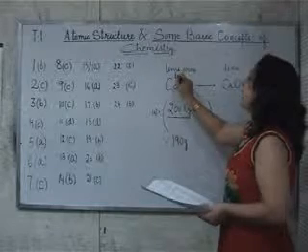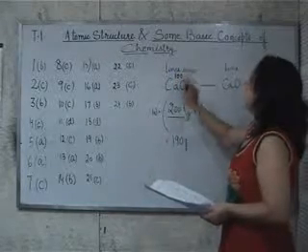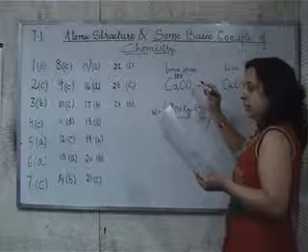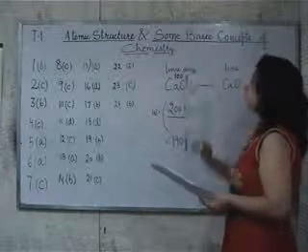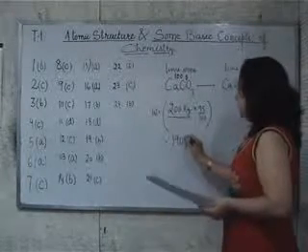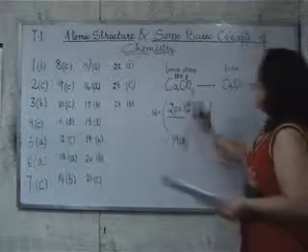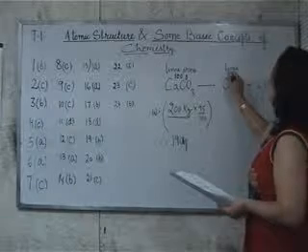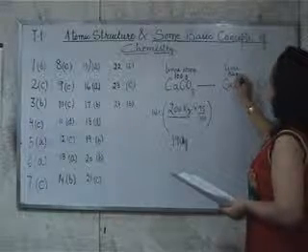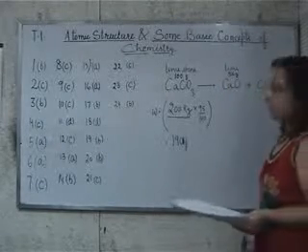Limestone has a molecular mass of 100 gram. It's in kilogram. 100 grams gives us 56 grams of lime.